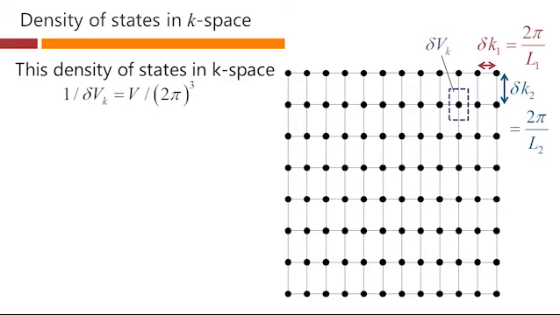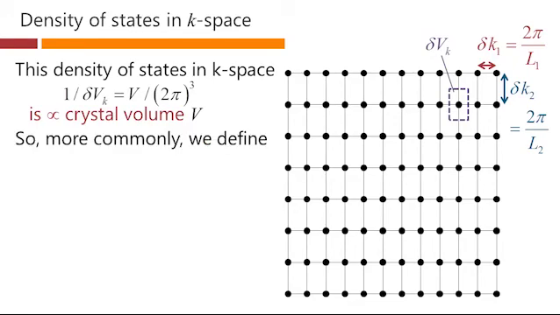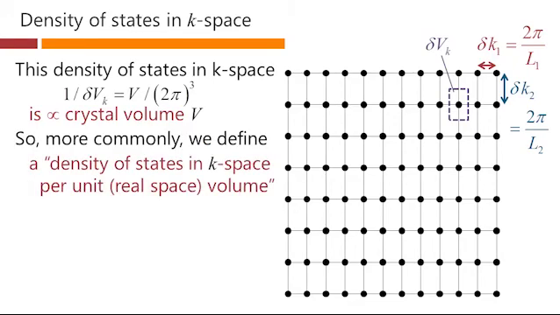This density of states in K-space that we've just written down is proportional to the total real volume of the real crystal. Here's our volume of the real crystal here. So more commonly, we define a density of states in K-space per unit real space volume. And that is just the number 1 over (2 pi) all cubed.